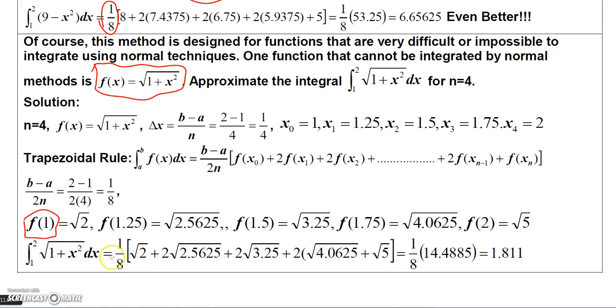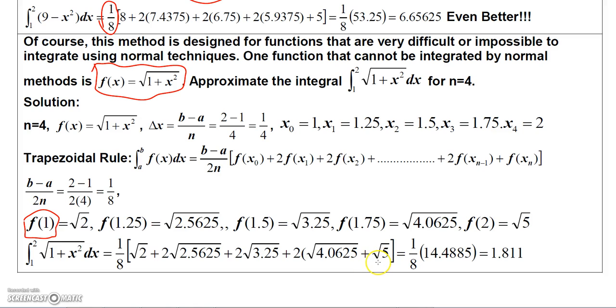And so I still have 1/8 again for the b minus a over 2n, and then I have square root of 2, that's f of 1, plus 2 times f of 1.25, plus 2 times f of 1.5, plus 2 times f of 1.75, and then plus f of 2.